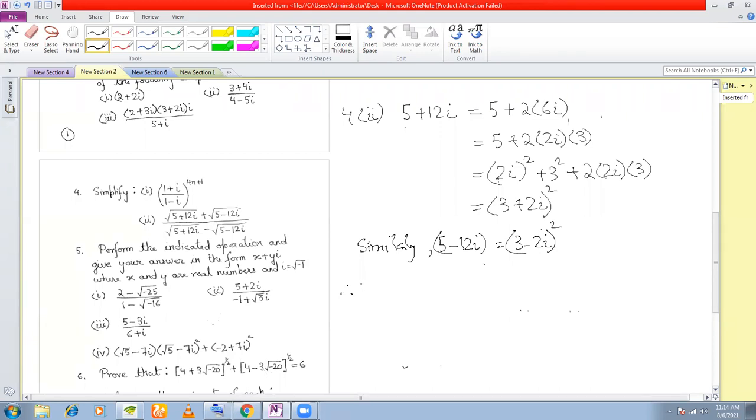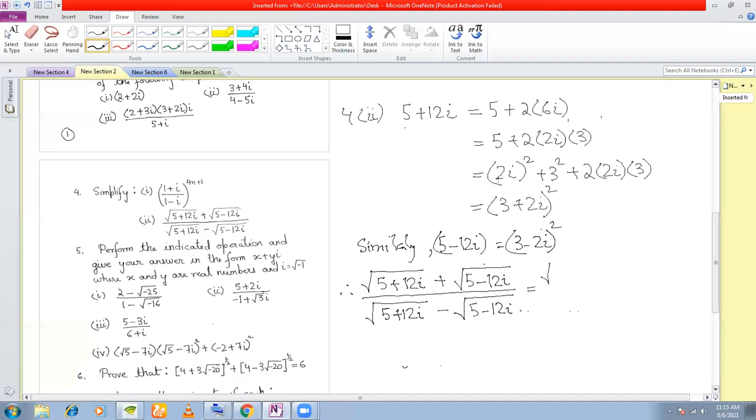Now we'll put it in the expression. Root 5 plus 12i plus root 5 minus 12i divided by root 5 plus 12i minus square root 5 minus 12i.